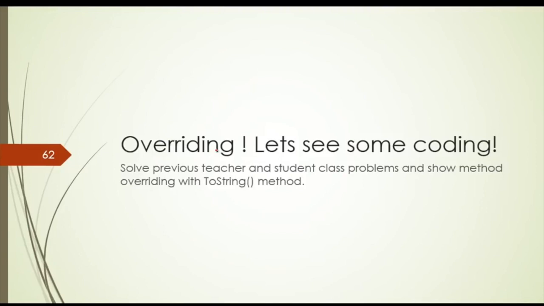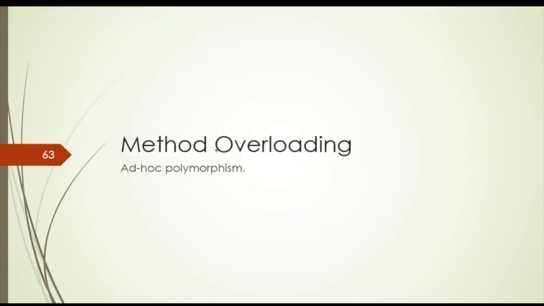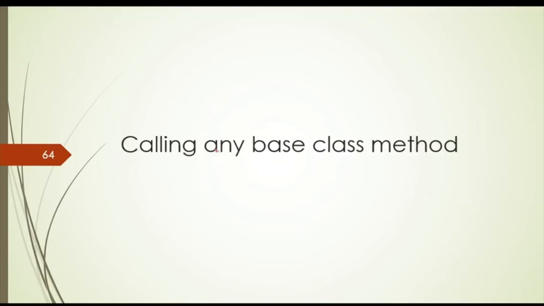If you really want to change the toString method to behave differently, you can just override it, and that could be your assignment to try it out. It's very simple. So method overloading, we have talked about in the coding, is ad hoc polymorphism, or static polymorphism. It's very simple to do.